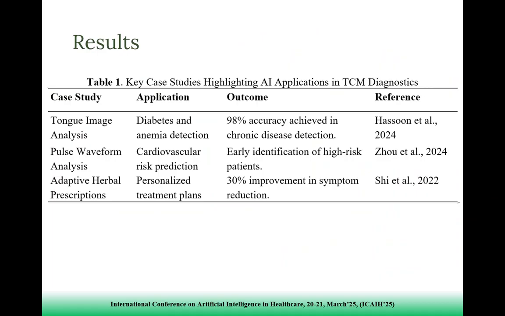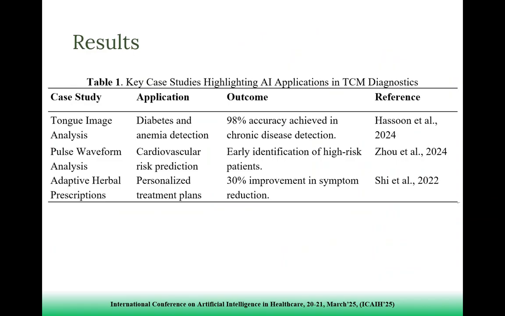And the results we got from the survey of the case studies on TCM diagnostics, with tongue image and pulse waveform analysis and adaptive, precise, personalized treatment plans, show improvement through the paper. We can see really high accuracy.